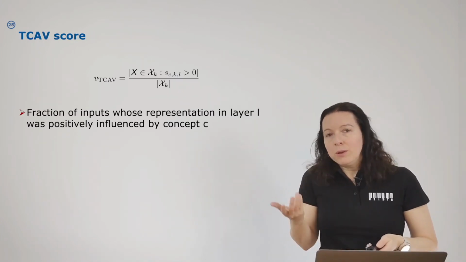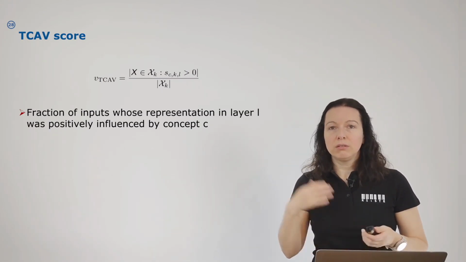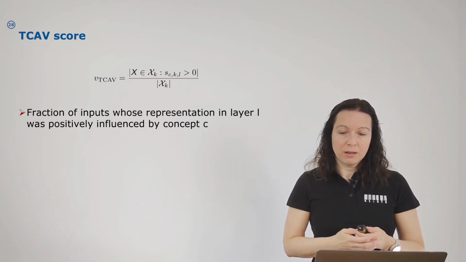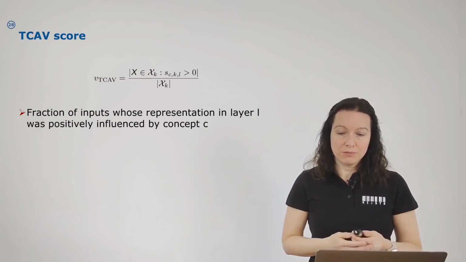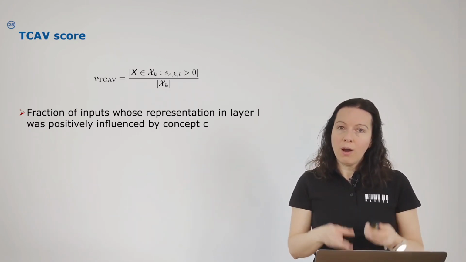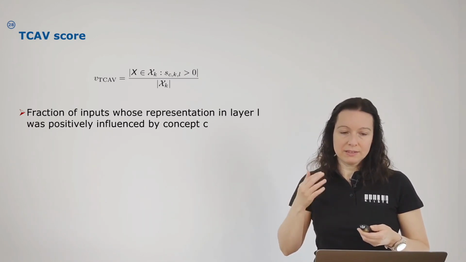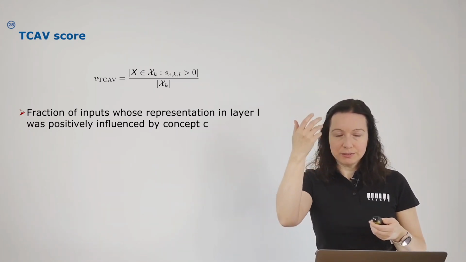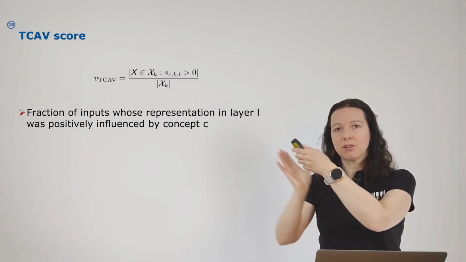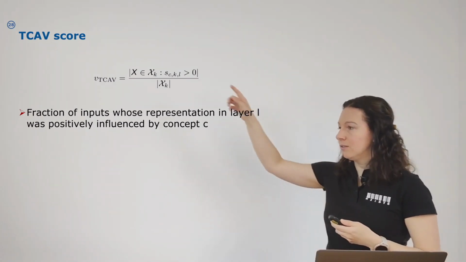And now we have this conceptual sensitivity, and you compute it for a lot of zebra images. For example, you can use all training images for class k, which is in this case the zebra class, and we count how often the conceptual sensitivity is larger than 0. So how often do our zebra images fall into a similar direction as the stripes concept, and then divide by the total number of tested images.